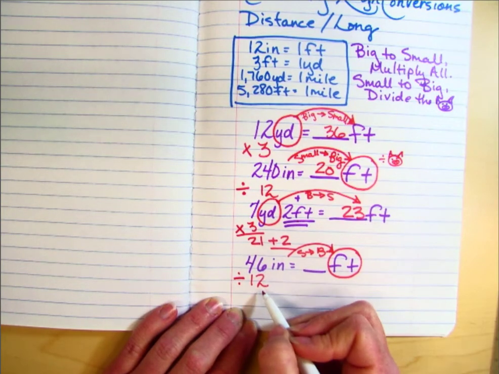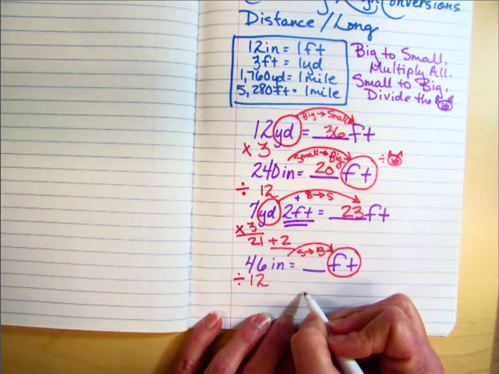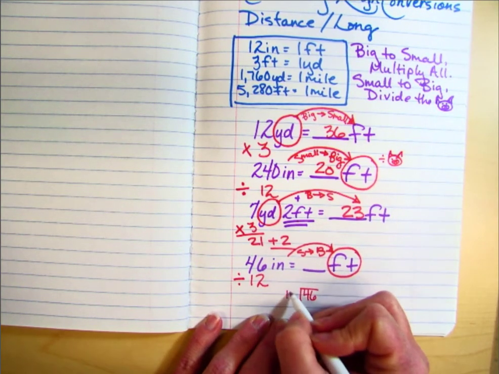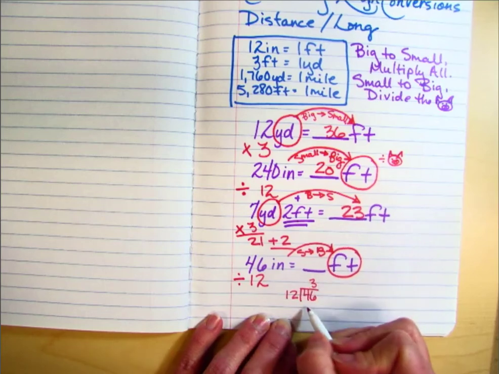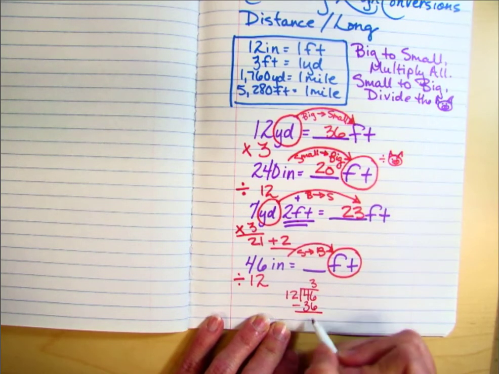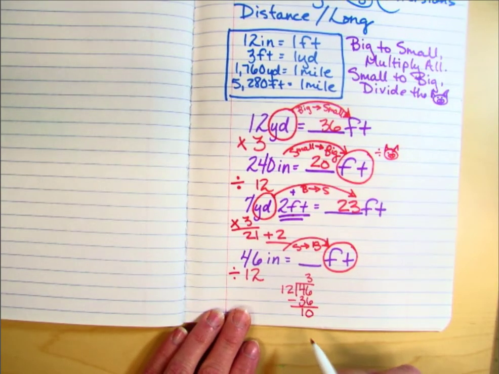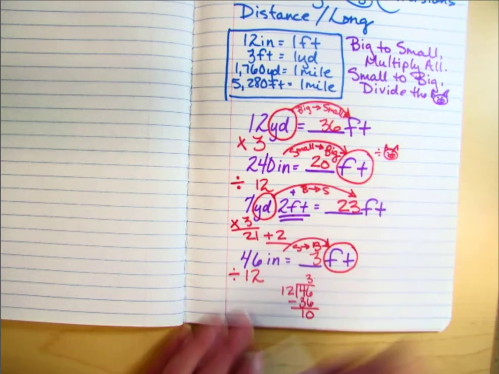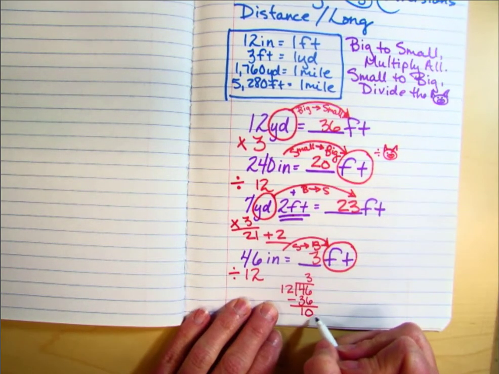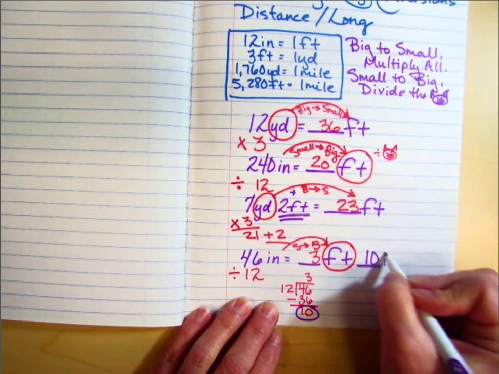Well, I know 46 divided by 12 isn't going to work evenly. So if you do 46 divided by 12, you've got some leftover. 3 times 12 is 36, and you have a leftover 10 inches. You're going to put your 3 feet here, and then you're just going to add this remainder here, 10 inches.